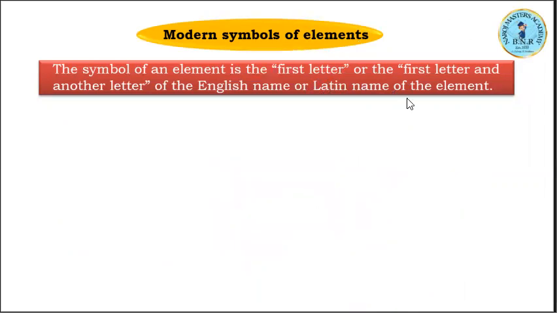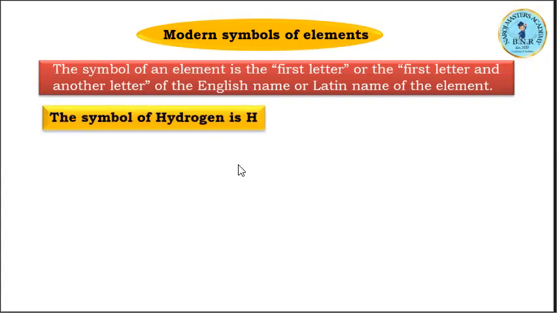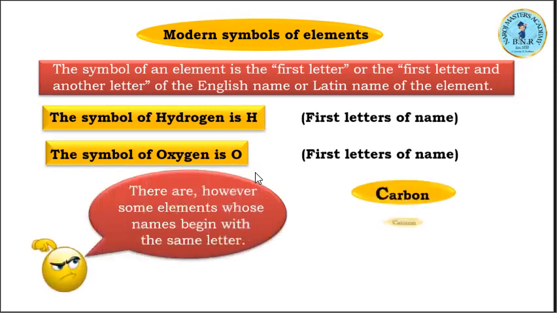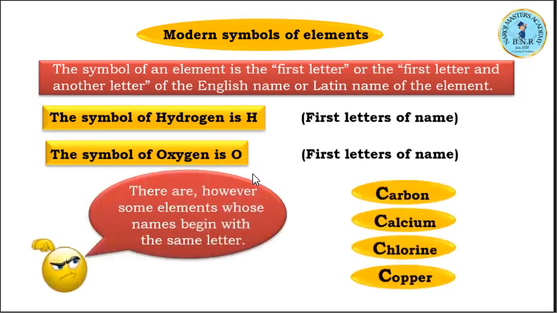Okay, we'll discuss those things now. The symbol of hydrogen is H, first letter of the name, and the symbol of oxygen is O, first letter of the name. However, there are some elements whose names begin with the same letter.